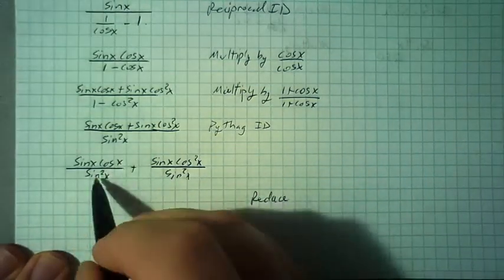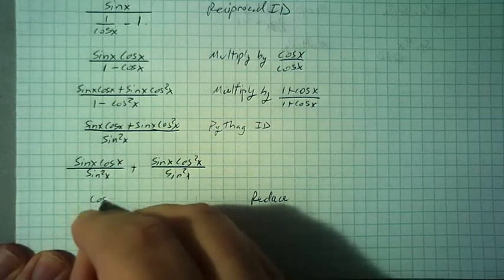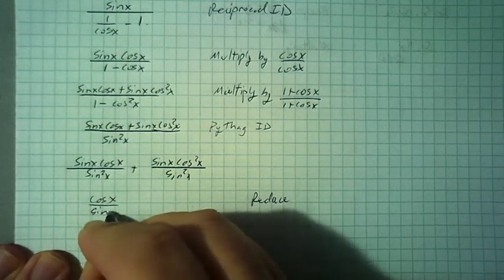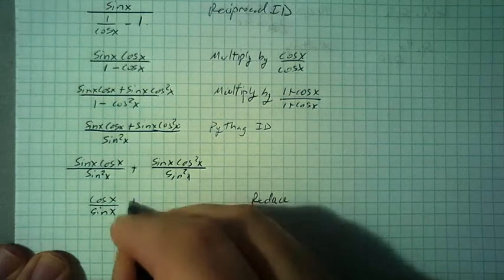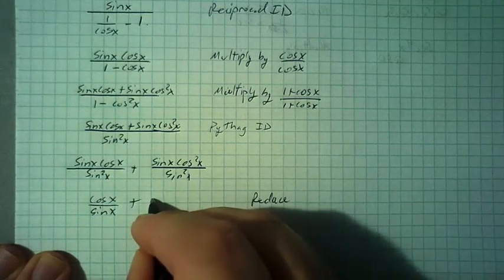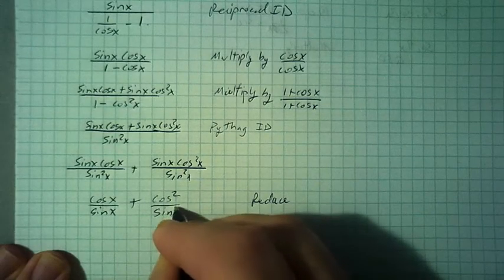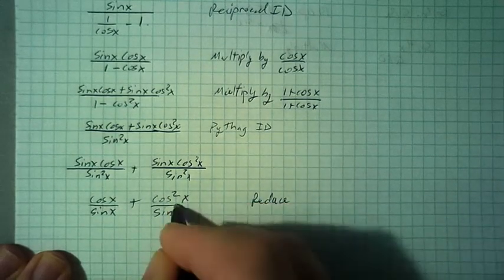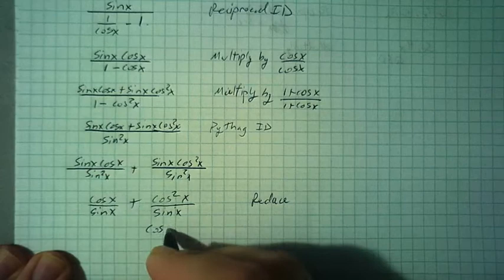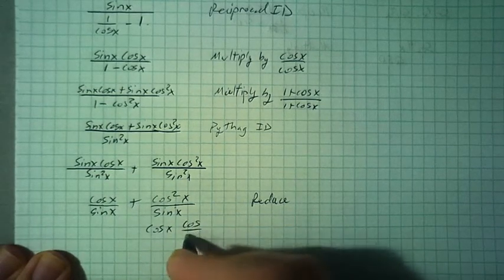So this becomes cosine over sine. Oh, that's promising. That's cotangent. And this one is cosine squared over sine, which is the same as cosine times cosine over sine.